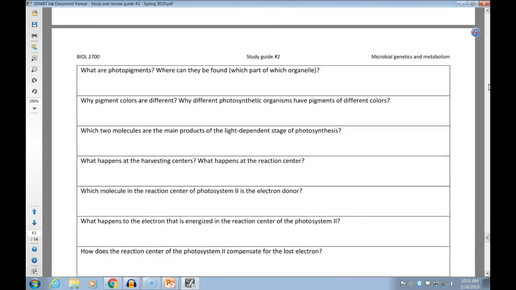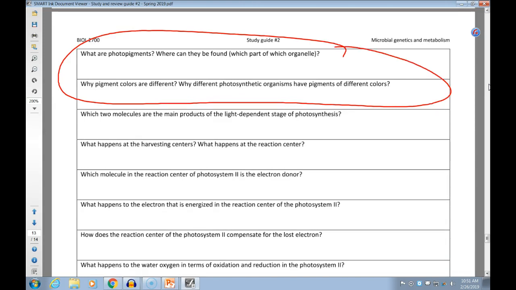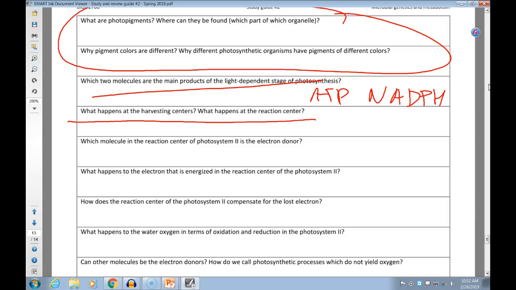Regarding photosynthesis, there are light-dependent and light-independent reactions, and the pigments allow absorbing different wavelengths of light. The light-dependent stage gives you ATP and NADPH. Light energy is collected at the light harvesting centers. Energy is directed at the reaction center, where an electron is energized. Okay?